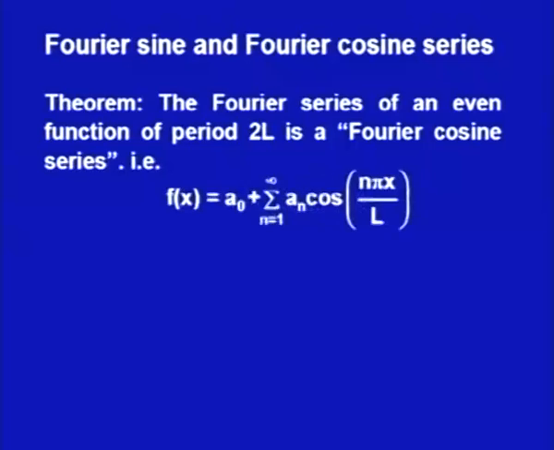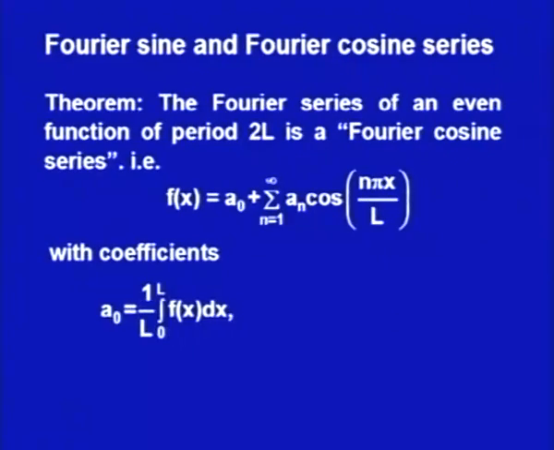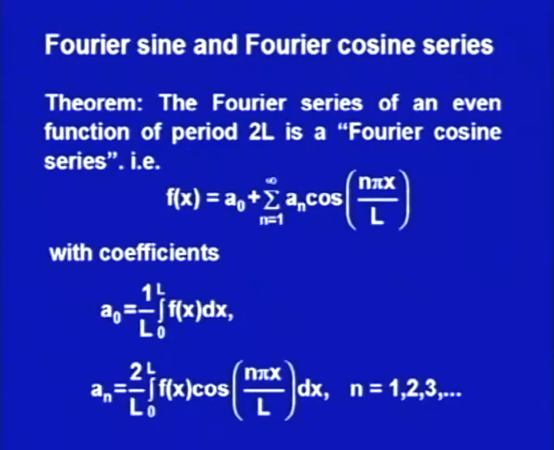That means we will get the series f of x as a naught plus summation n running from 1 to infinity of a n cos n pi x by L, with the coefficient a naught as 1 by L integral 0 to L of f of x dx and coefficient a n as 2 by L integral 0 to L of f of x cos n pi x by L dx for n running from 1 to 3 and so on. We see here that the coefficient as such was a naught equal to 1 upon 2L integral from minus L to plus L of f of x dx.